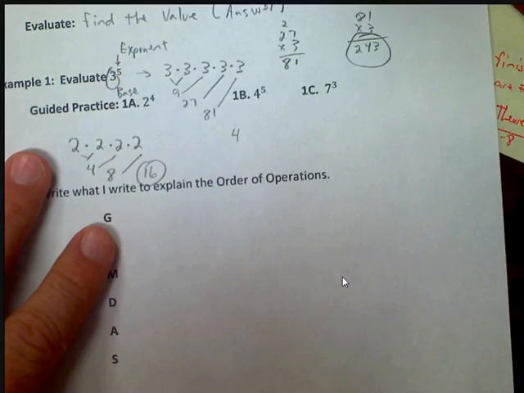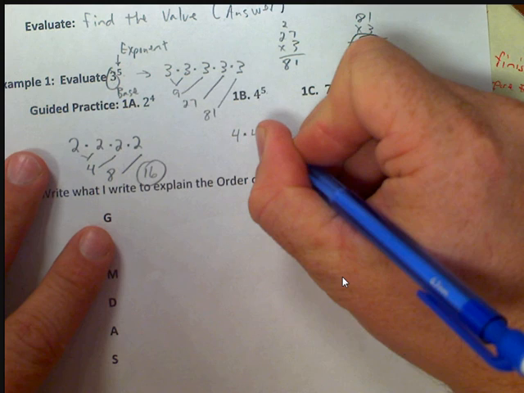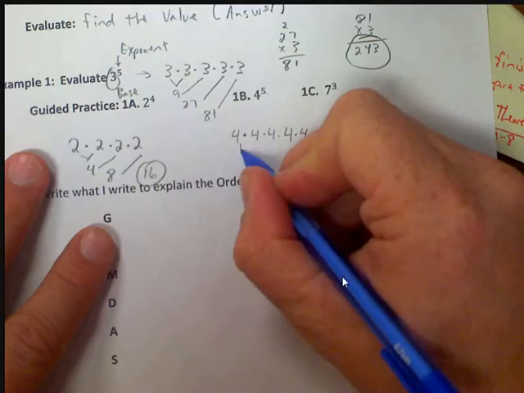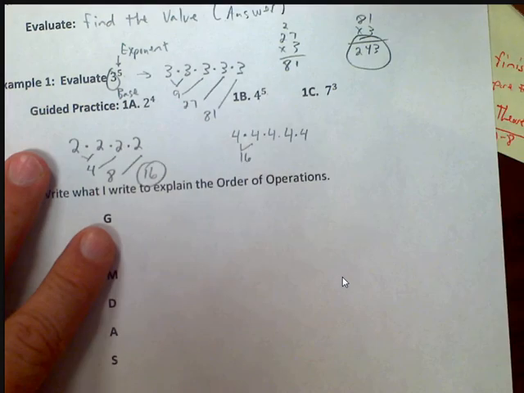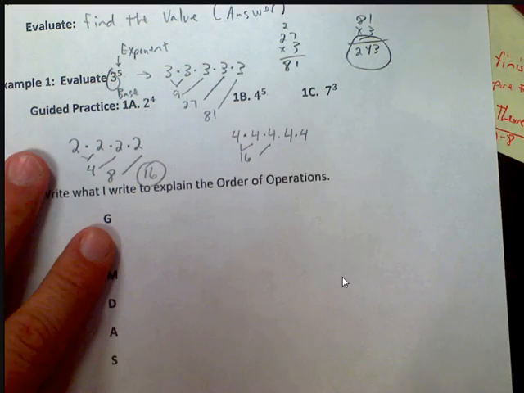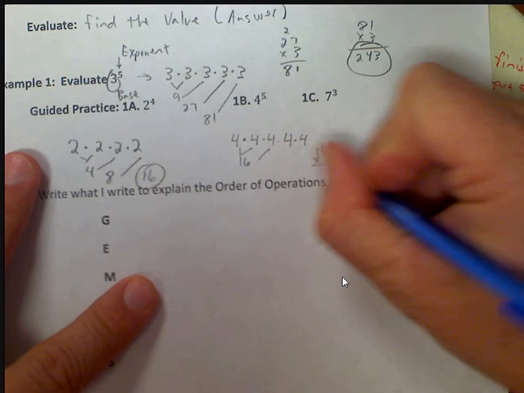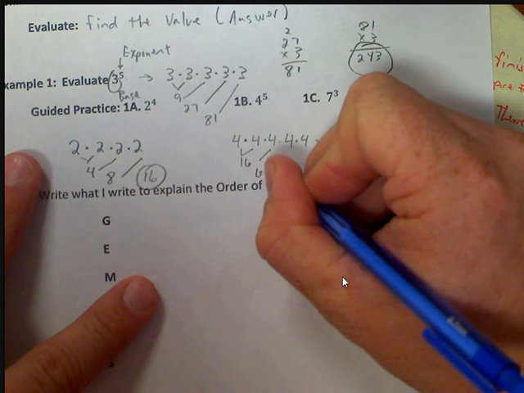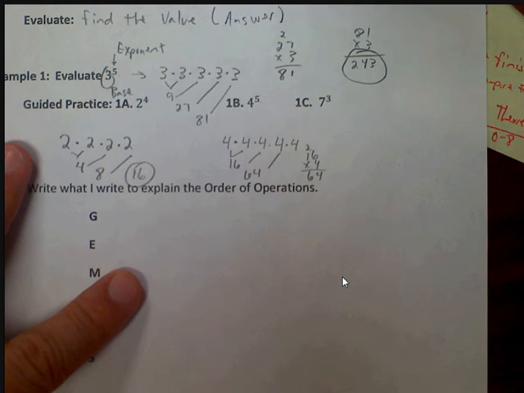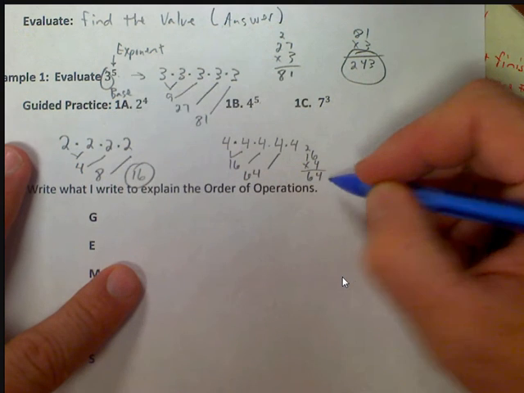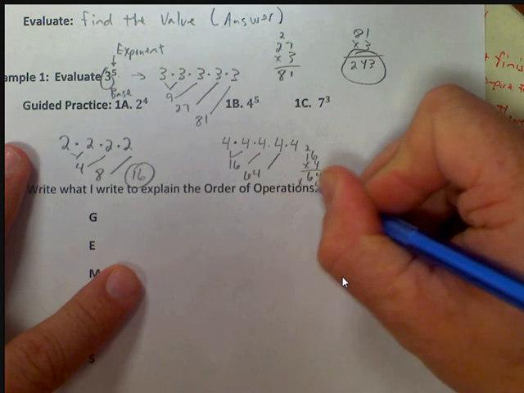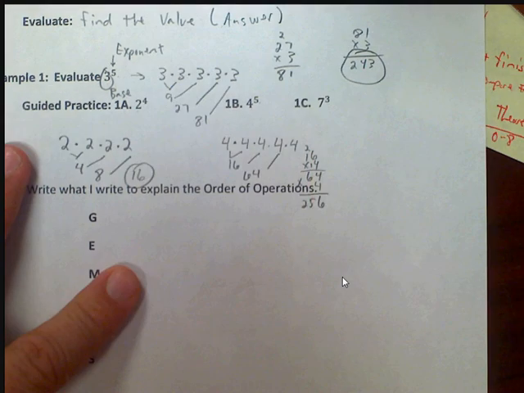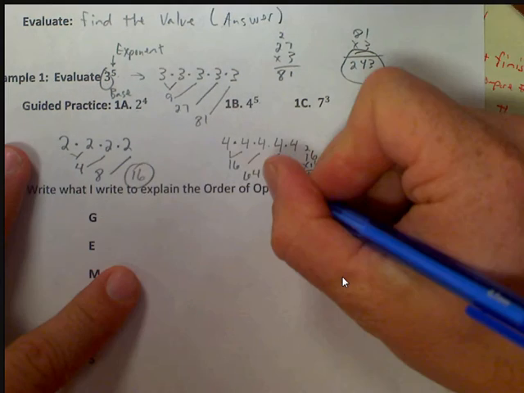I write 4 and I have to write it 5 times. 1, 2, 3, 4, 5. 4 times 4, 16. 16 times 4, 64. 64 times 4, I'm going to go ahead and continue. 256.